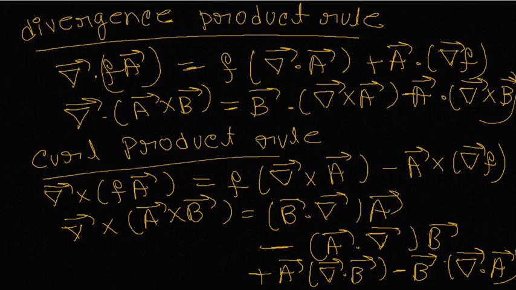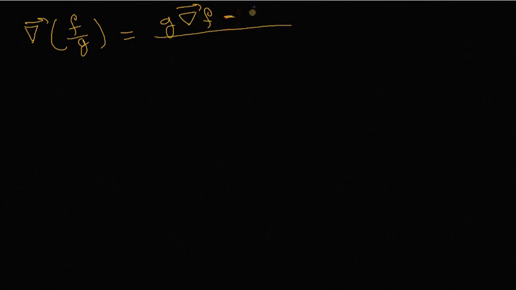Now these are all the product rules that will be needed in vector analysis. Now let's take a look at all the quotient rules. So the first quotient rule is del of f by g, which will give us g del f minus f del g, by g square.